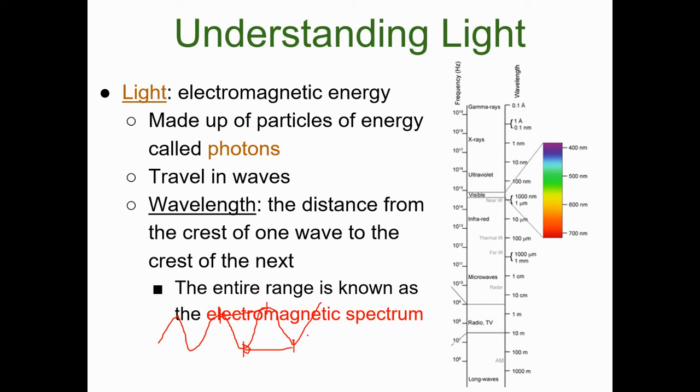Now, there's this little portion right here that's visible light. So here's visible light. This is going to be from about 380 nanometers to 700 and something nanometers. And again, that's visible light, so that's what we can see.